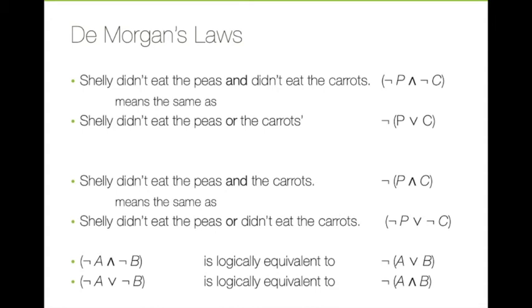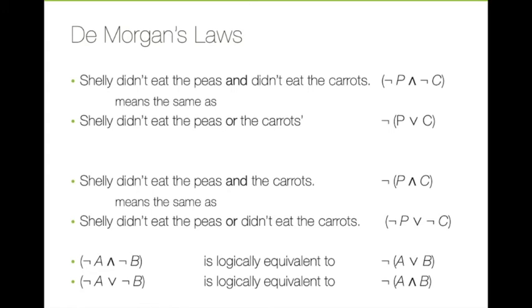The English sentence that symbolization corresponded to means the same as Shelley didn't eat the peas or didn't eat the carrots. She might not have eaten one, she might not have eaten the other, maybe she ate neither. That can be expressed as not P or not C, the fourth symbolization down on the right.